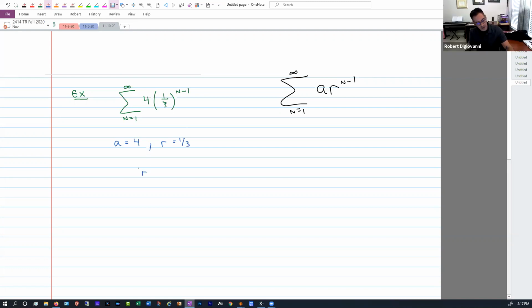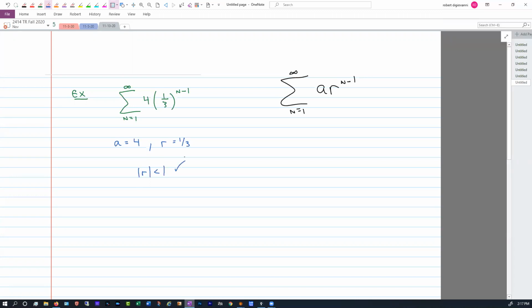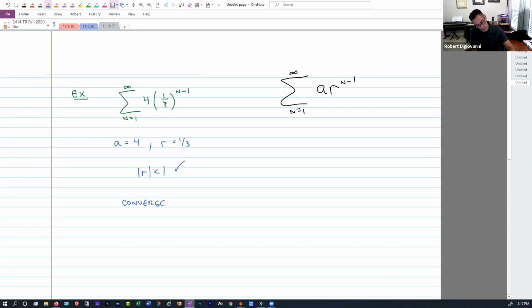Okay, let's check. Is the absolute value of r less than 1? Yes, right? So since it is, we know that this converges. In fact, it converges to what? A over 1 minus r.